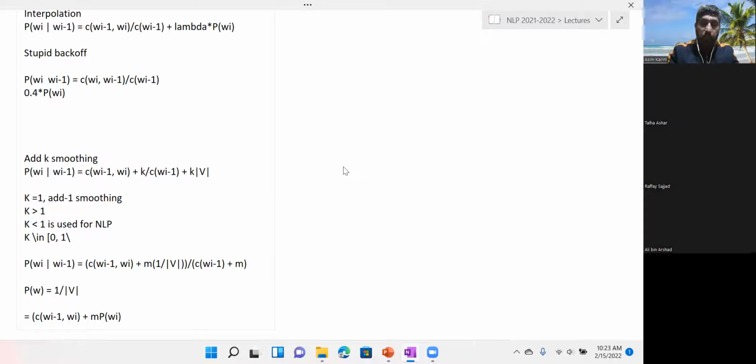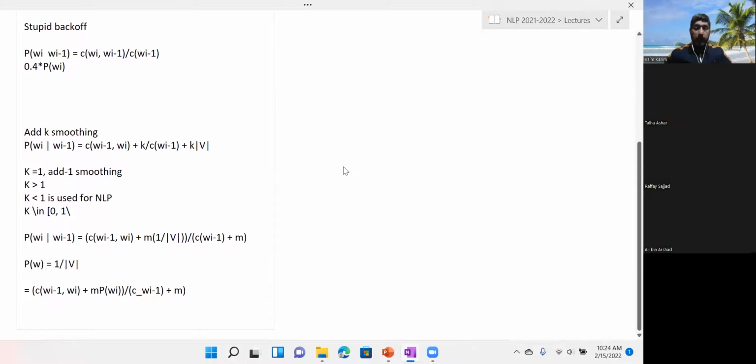This is a unigram estimate, divided by C(Wi minus 1) plus M. So you can say this is slightly better than the previous idea in which you use the same probability for every word. Here we are using the unigram probability for the given word.